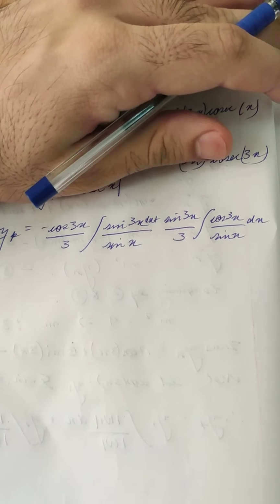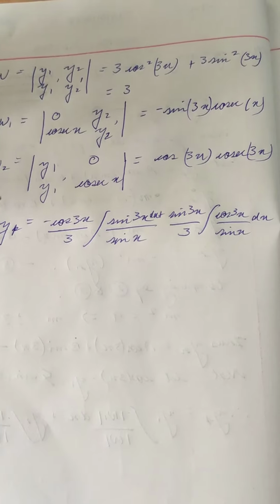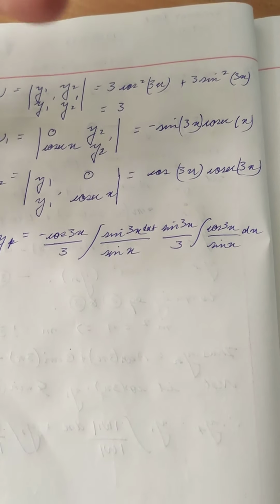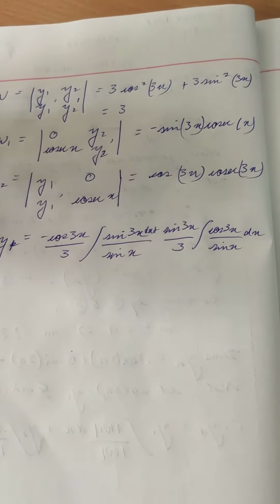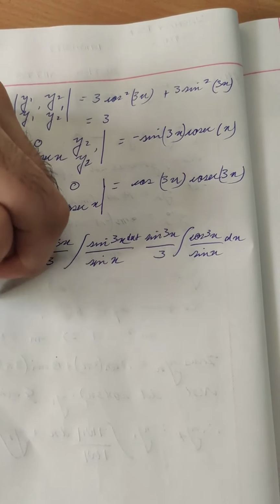So actually the solution comes out to be quite long. When I solved it earlier, the solution came out quite long, so I'll try to write as much as possible.